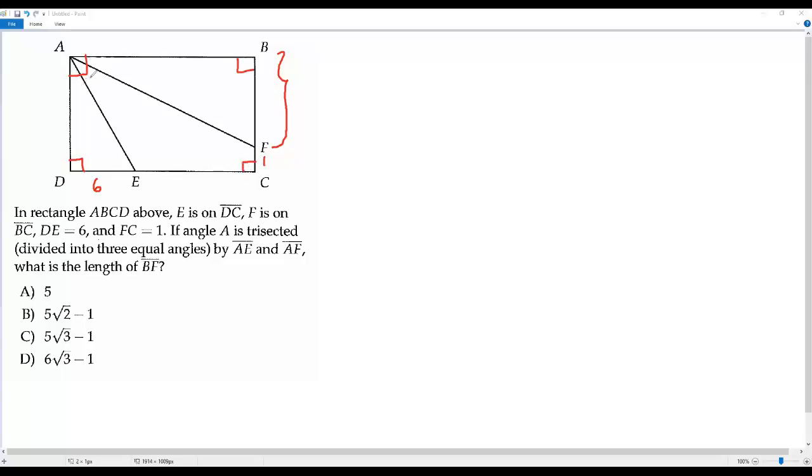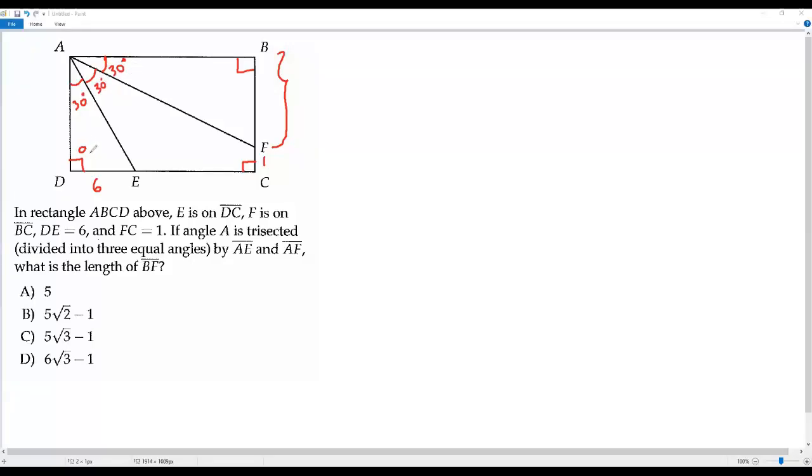Right angle means it's 90 degrees. So the 90 degree angle at the vertex A is trisected. That is, it has been divided into 3 equal angles by these two line segments AE and AF. If 90 degrees is divided into 3 equal parts, then each part will be 30 degrees. So here it's 30, here it's 30, here it's 30.